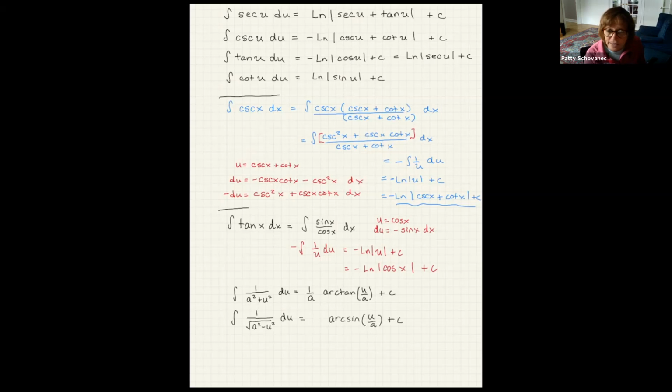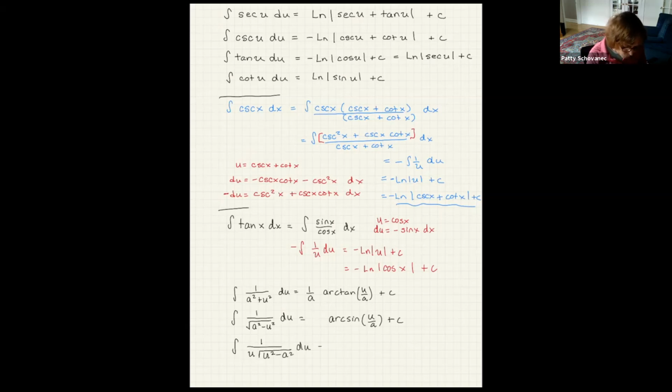It's not going to give us the 1 over a out front. The more general form of the inverse secant has a u right here, and then the square root of u squared minus a squared du.